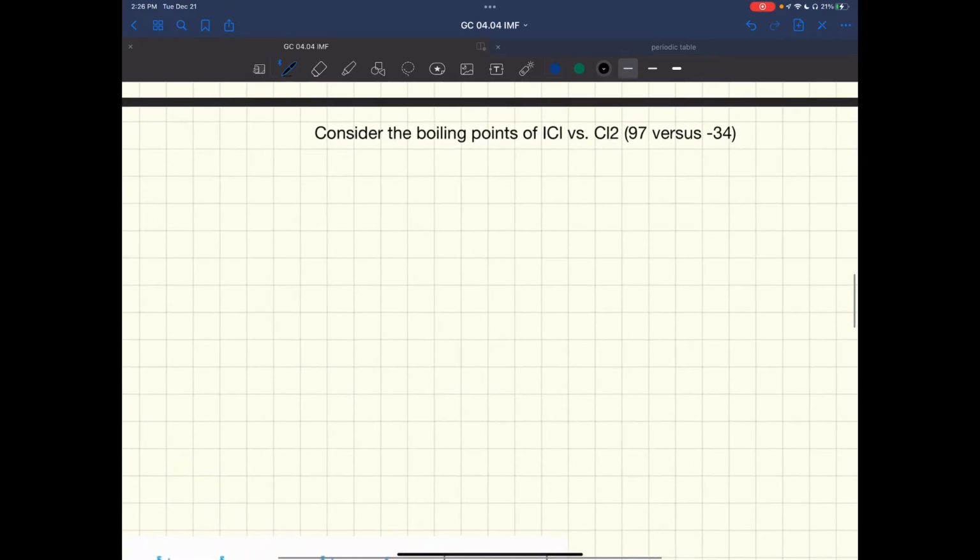So let's consider the boiling point of two compounds, ICl versus Cl2. So I have ICl here. You'll notice that these are going to be very similar compounds. And I have Cl2 over here. The only difference between these is this compound has an iodine and this compound has a chlorine. So, what's the deal here?